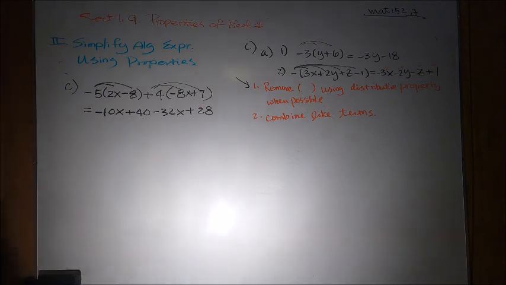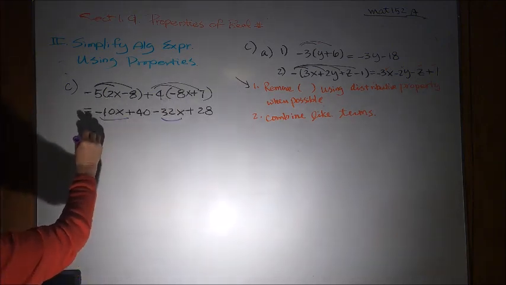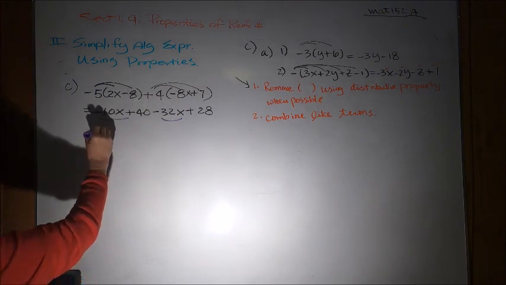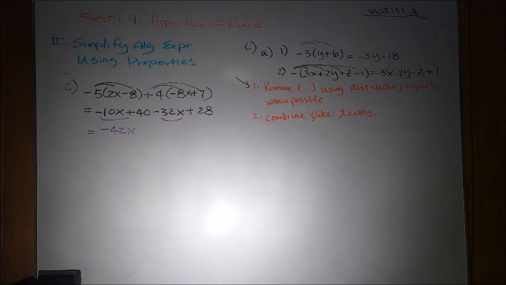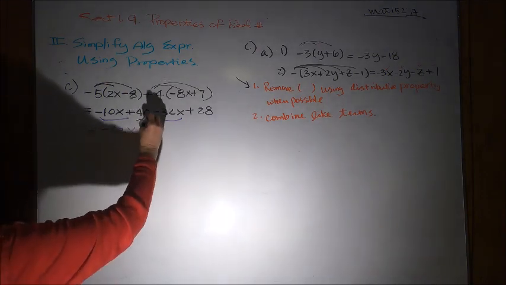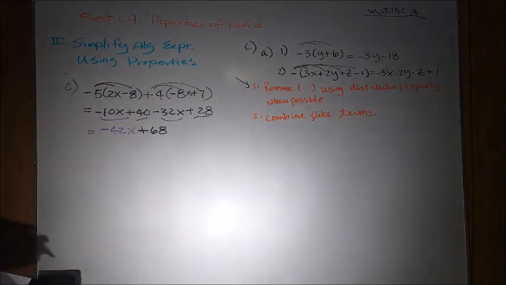So do we have like terms? x with x, so that will be negative 10 and negative 32, which is negative 42x. Numbers with numbers, 40 and 28, that would be 68.